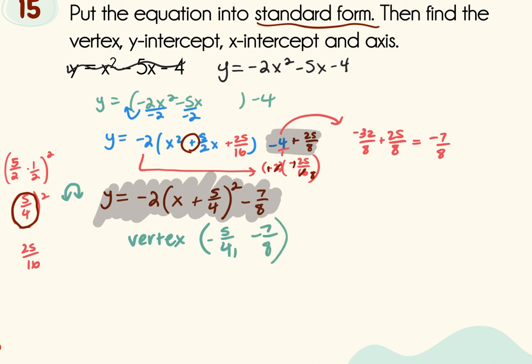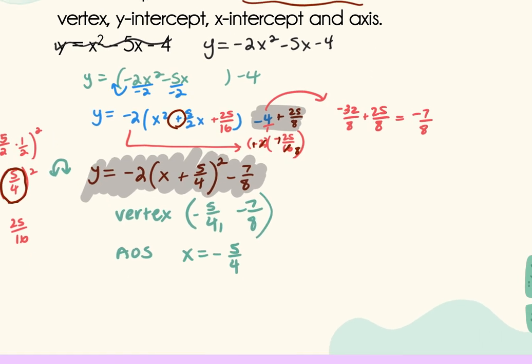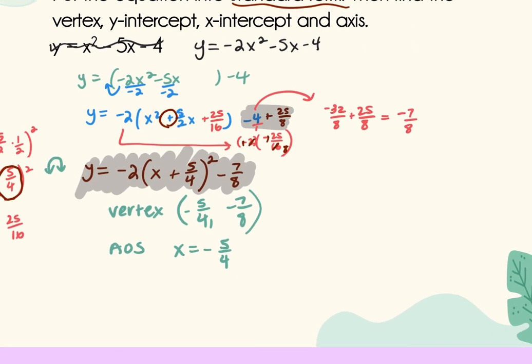So change the sign inside the parentheses, but leave the one outside. What's my axis of symmetry? Good. What's my y-intercept? Good. I would get that easiest by going back to the original and zeroing out all the x's and leaving just the -4.